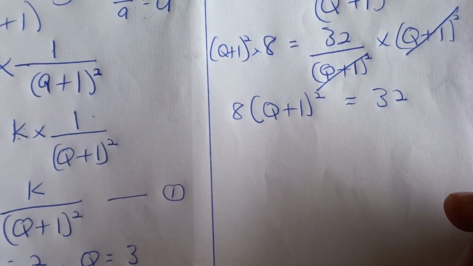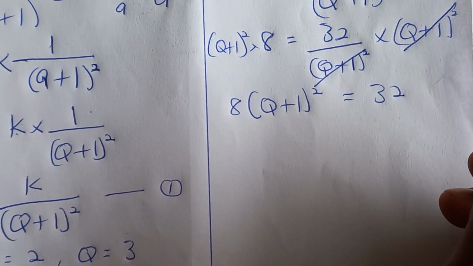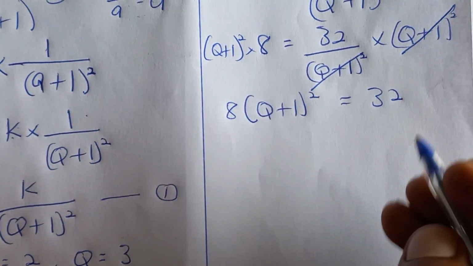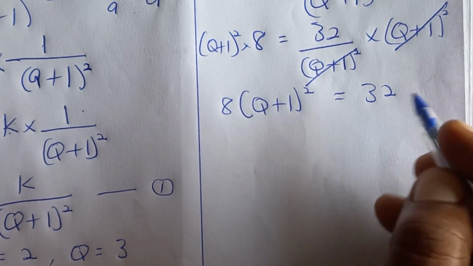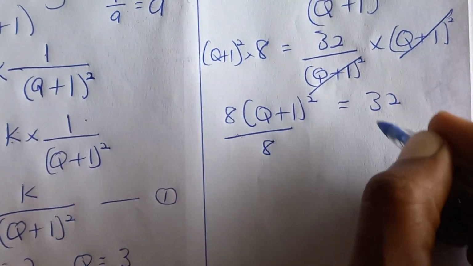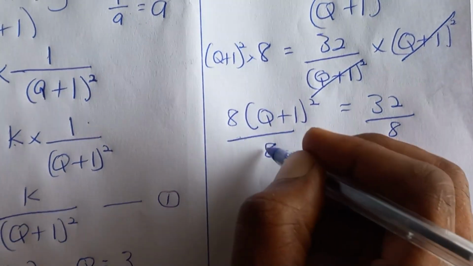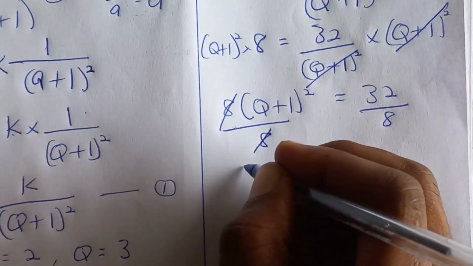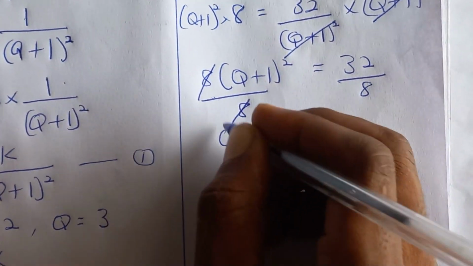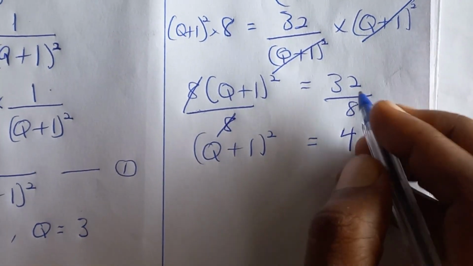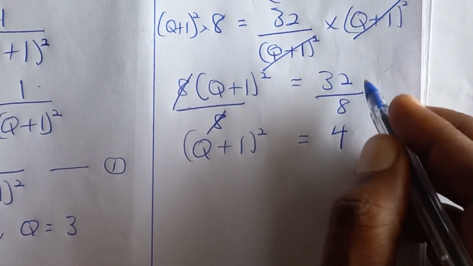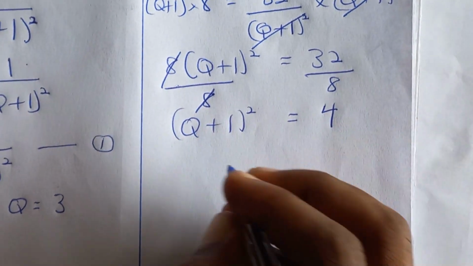Okay, let's continue. Then we can also divide both sides by 8. Agree? So you divide both sides by 8. This 8 will cancel this, leaving Q plus 1 all squared equal to 4, because 32 on 8 is 4.